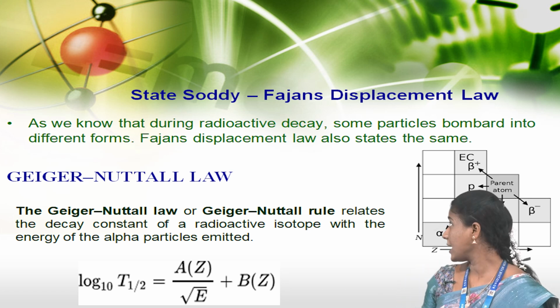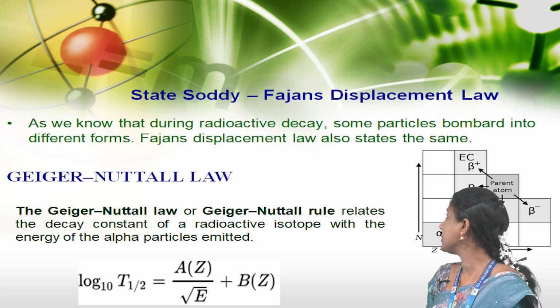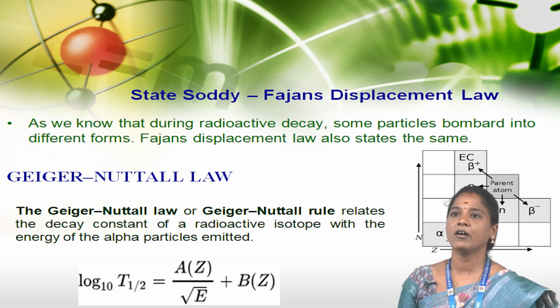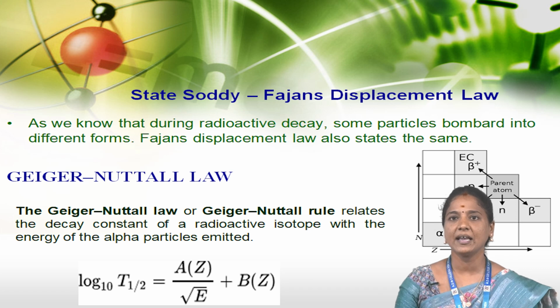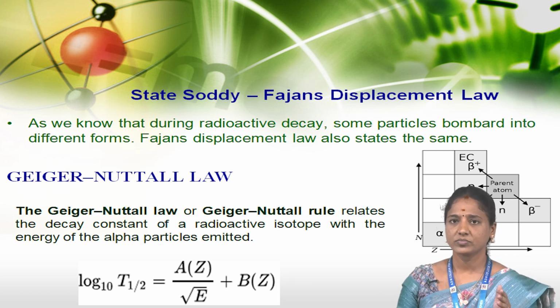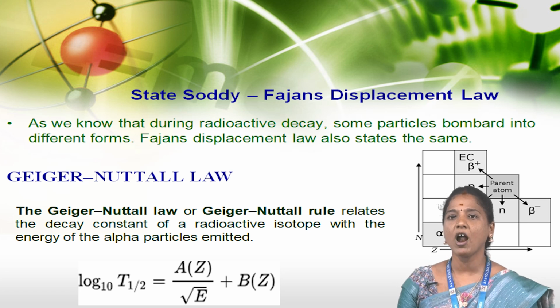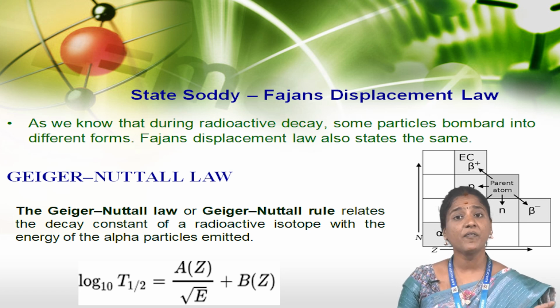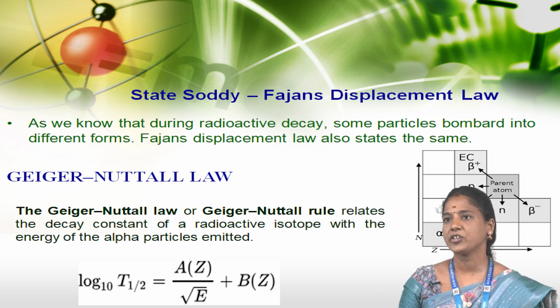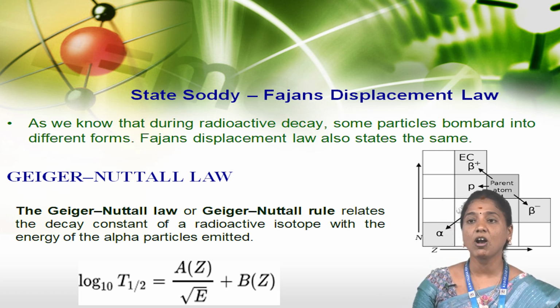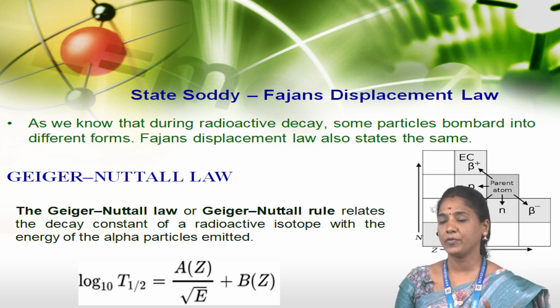Next one, the Geiger-Nuttall law. It is an important 5-mark question. The Geiger-Nuttall law or Geiger-Nuttall rule relates the decay constant of a radioactive isotope with the energy of the alpha particles emitted. Roughly speaking, it states that short-lived isotopes emit more energetic alpha particles than the longer-lived ones.